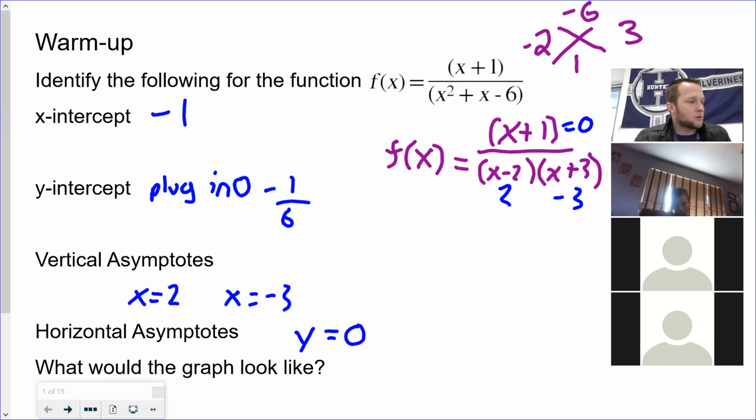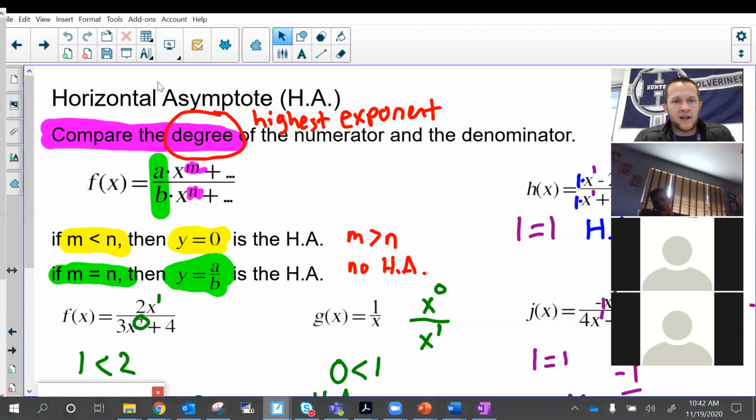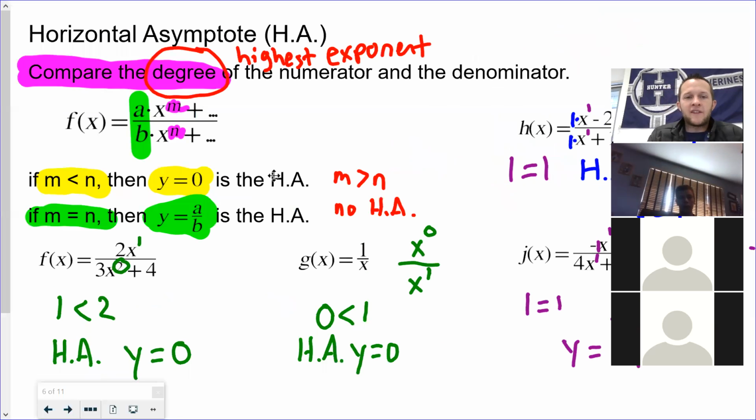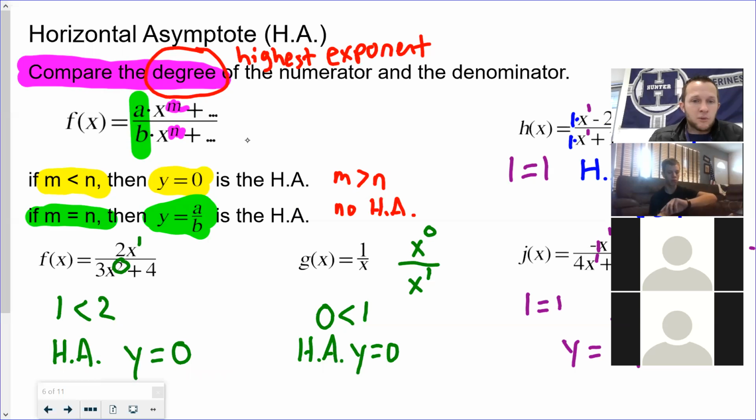Let me pull up the notes from last time on this because the horizontal asymptote is a trickier one. So here's the notes on horizontal asymptote. The way we find that is we compare the degree, which was the highest exponent. So when I looked at f of x, I looked at the degree of the numerator, which was m, and the degree of the denominator, which was n. And what I did was I compared them to see: is m smaller than n?